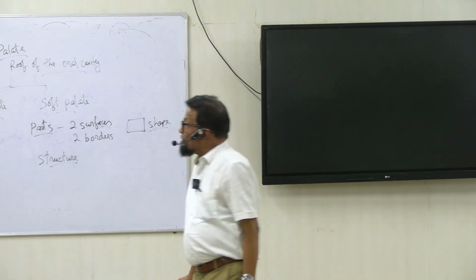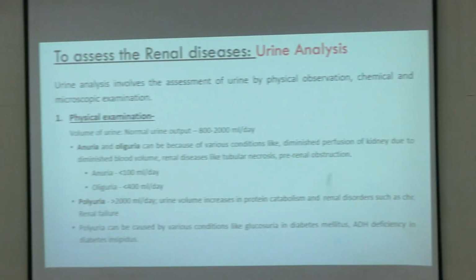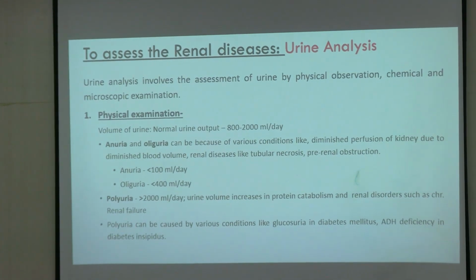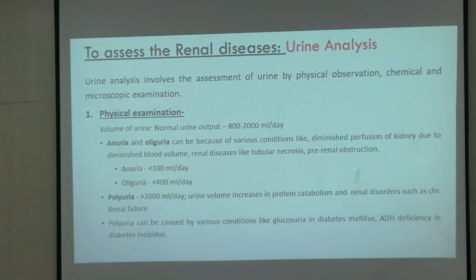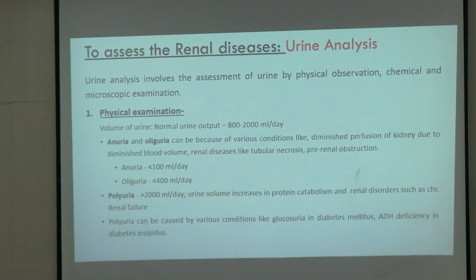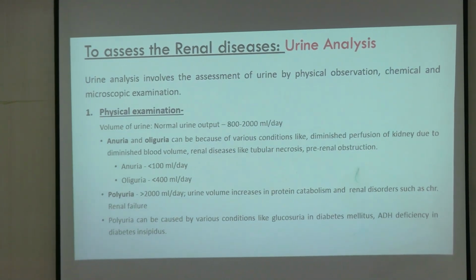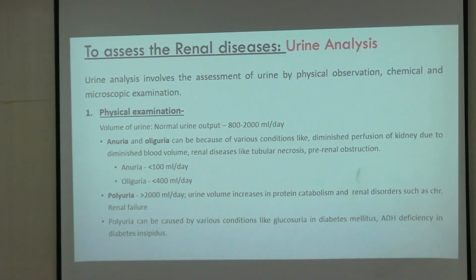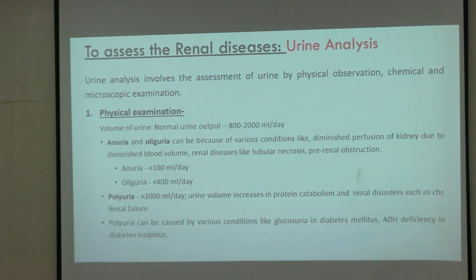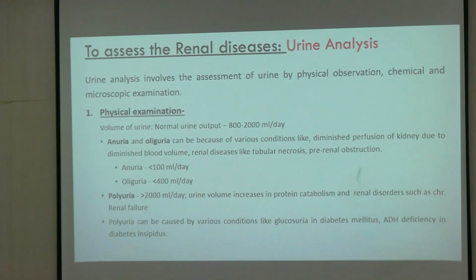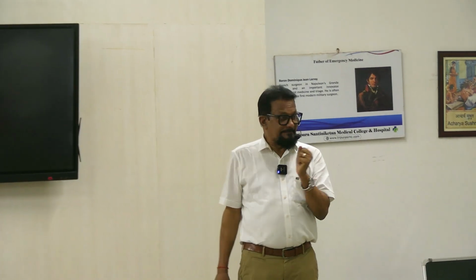So anuria, oliguria, polyuria, and there may be pyuria. What is pyuria? Pyuria is urine having a bad smell, and it means there are pus cells.